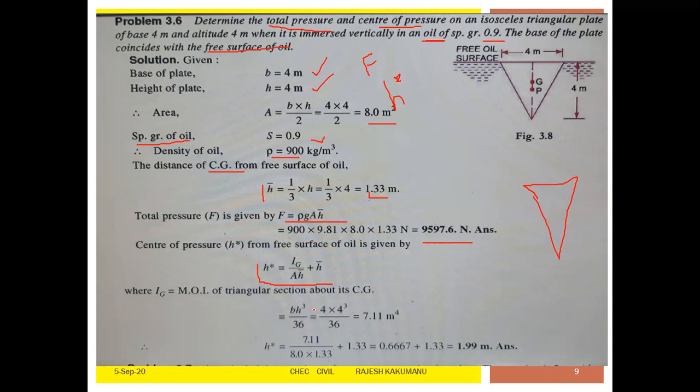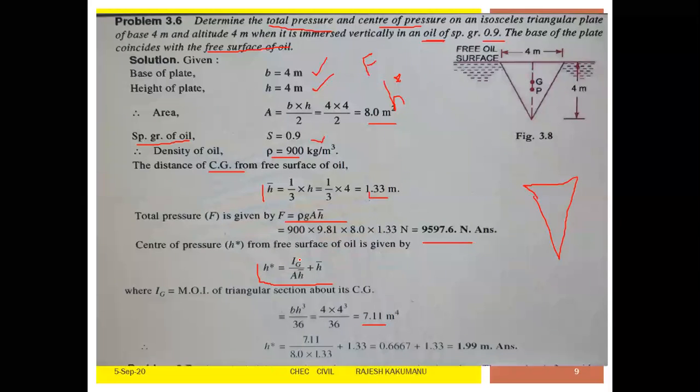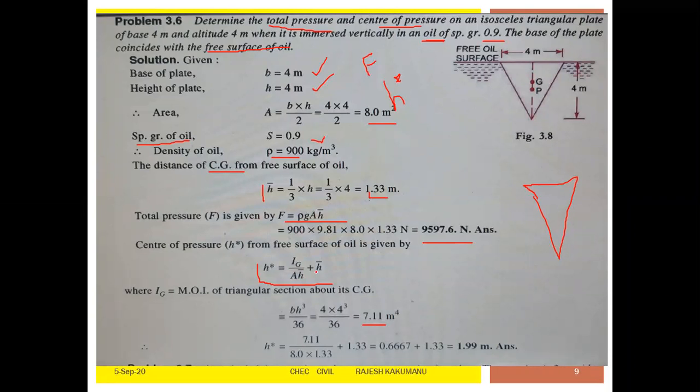Now 4 into 4 cube by 36 is equal to 7.11. So substitute 7.11 here, area 8 into 1.33, plus 1.33, that is equal to 1.99 meters, that is 2 meters. Center of pressure H star is equal to 2 meters from here to here.